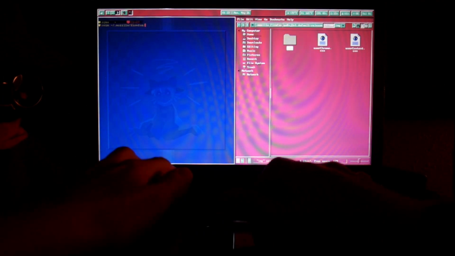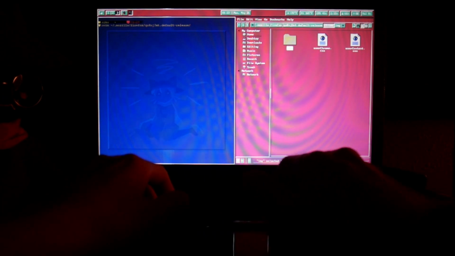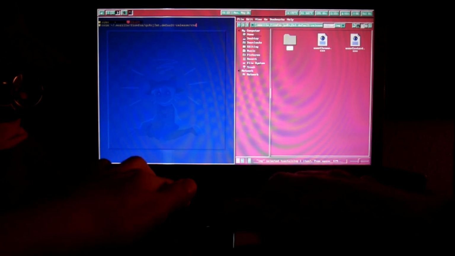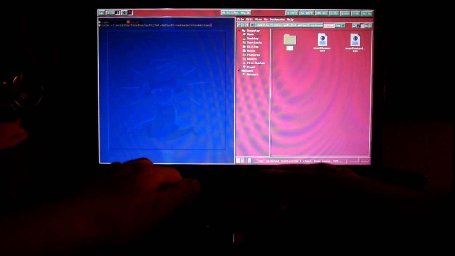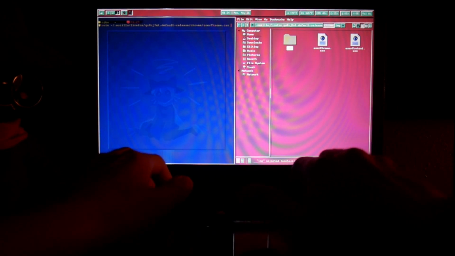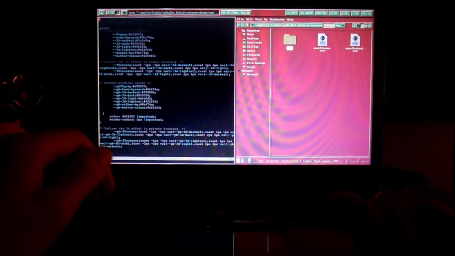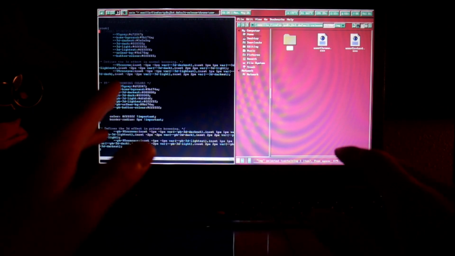Mozilla, Firefox, my very complicated default profile name, and then user Chrome. And pretty much what I did here was I changed the colors.